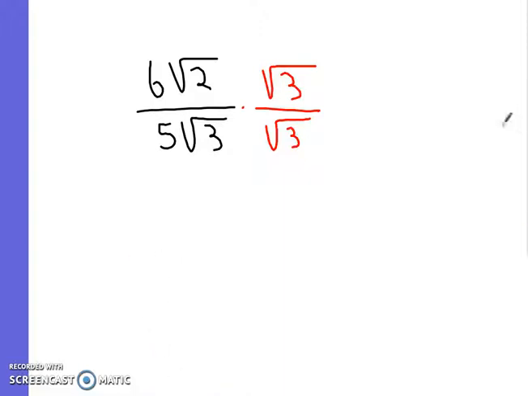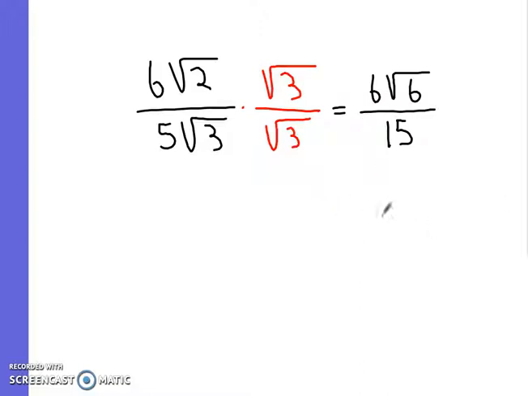So we'll have on the bottom, square root 3 times square root 3 is 3. Don't forget we're multiplying by 5, so we'll get 15 down here. And then let's see what goes on up here. I've got a 6, and then square root 2 times square root 3 is square root 6. Okay, so I just multiplied the root 2 that was up there by the root 3 and got root 6.